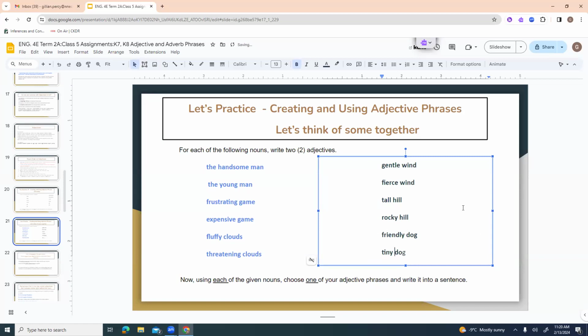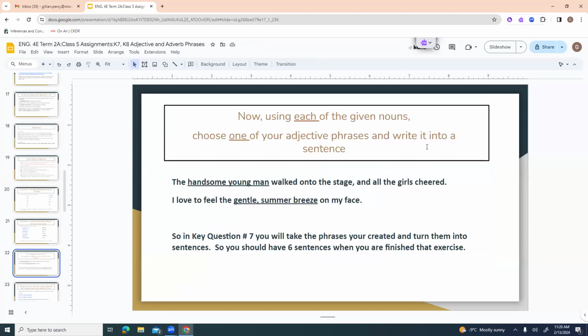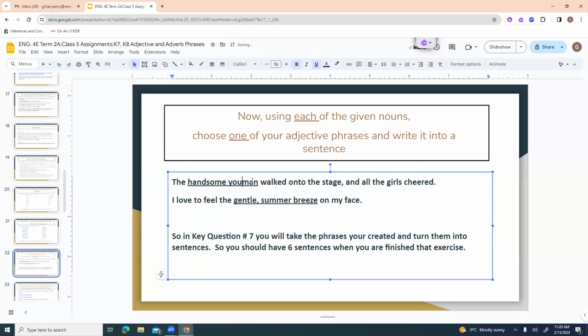And again, you could use more than one adjective. Right here, they're only asking, as far as I understand, one adjective for each noun. Then I would turn it into an adjective phrase. Now here I use both. The handsome young man, but really I just need the handsome man walked onto the stage and all the girls cheered. I love to feel the gentle breeze on my face.